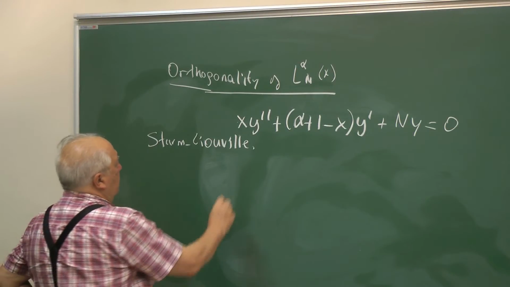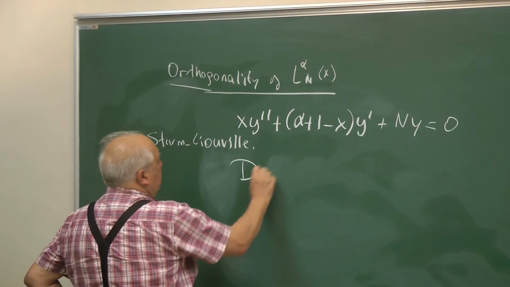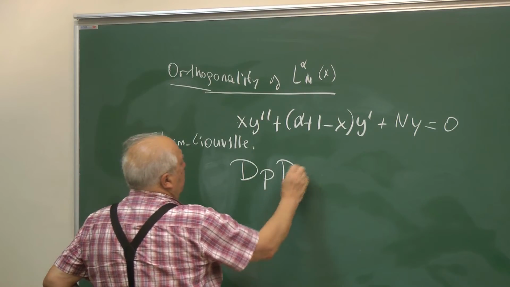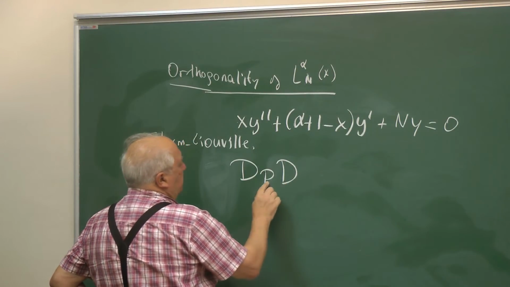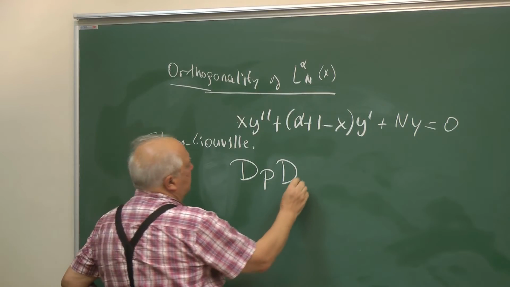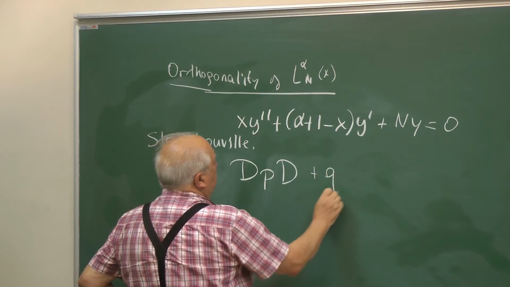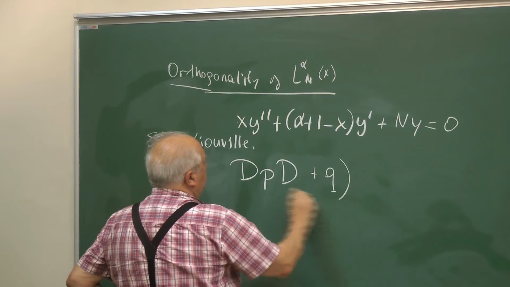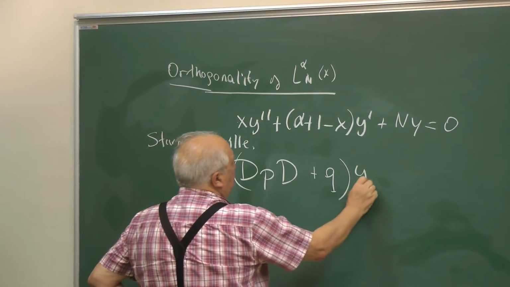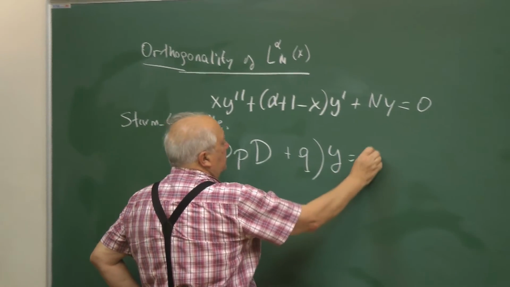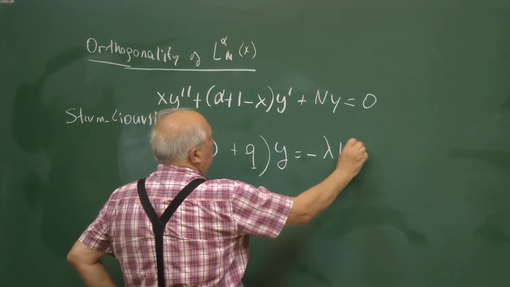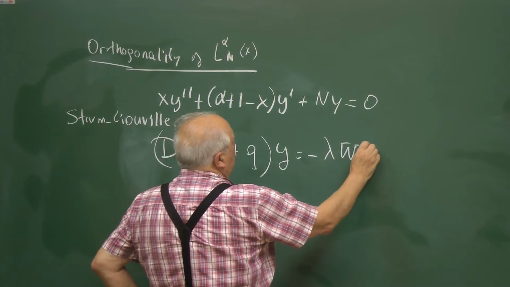The Sturm-Liouville equation reads d/dx of p, where p is a function of x, plus q, where q is a function of x, acting on y is equal to minus lambda w y.